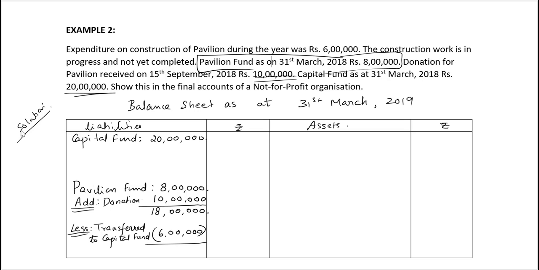And on deducting, the amount in the outer column is 12 lakh rupees. This amount needs to be added to the capital fund. Add transfer from pavilion fund.